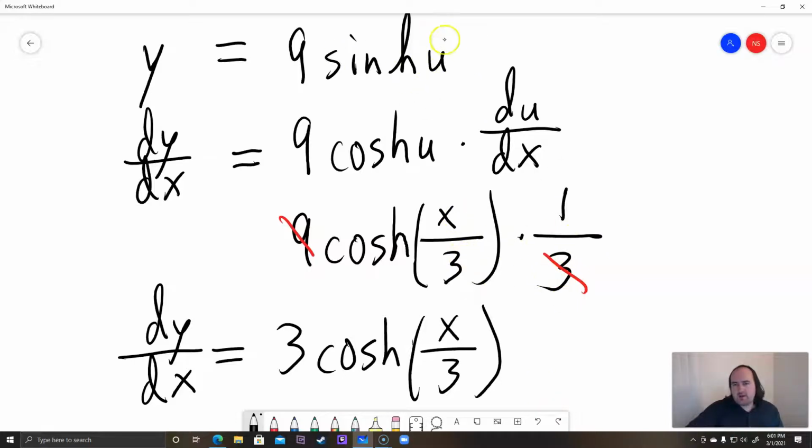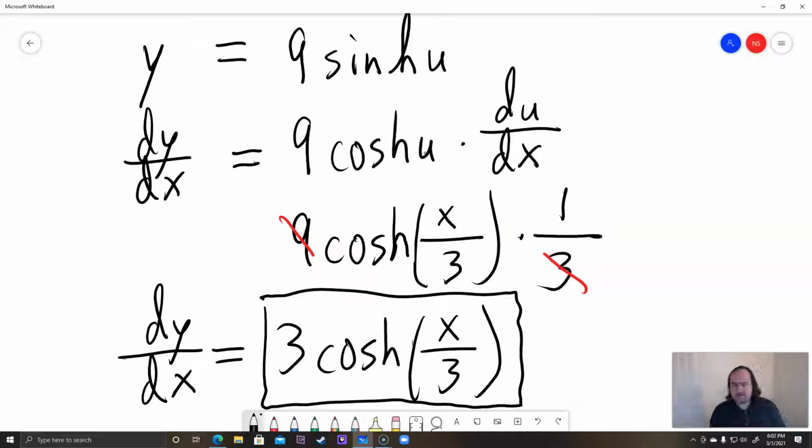If you don't want to go with this business of writing u, you can just do the outer-inner rule: derivative of the outer function, inner left alone, times the derivative of the inner function. And then boom, you're done. You don't even have to use u. But that's the whole problem, so that first one should be relatively easy.